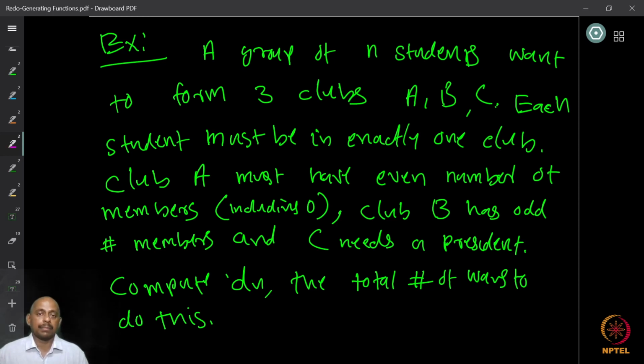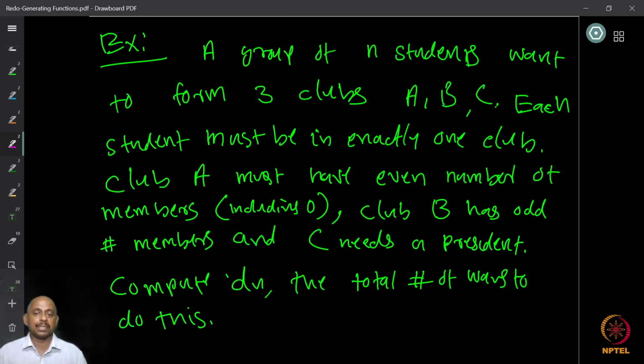So here is an example. A group of n students want to form 3 clubs. A, B, C are the clubs, and each student must be in exactly one of the clubs. The club A must have an even number of members; it could be 0, nobody can be there also. And the club B must have an odd number of members.